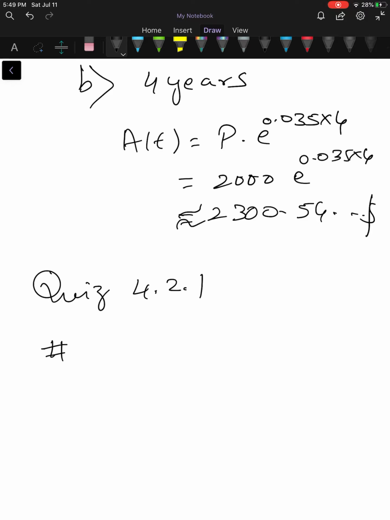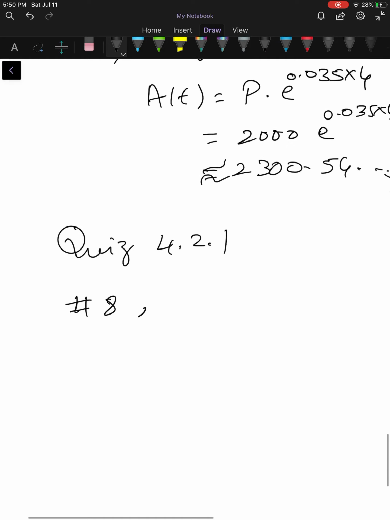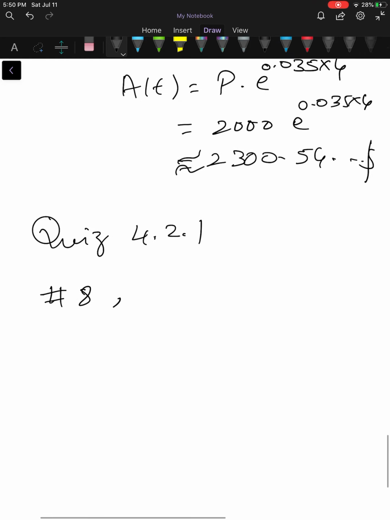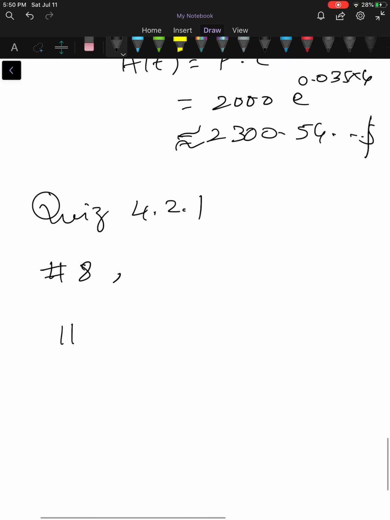Problem number 8, where you have to graph the function, and also problem number 12 with a twist, which you can just number as number 2.